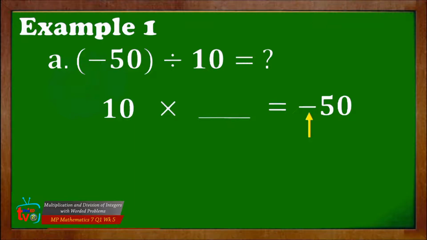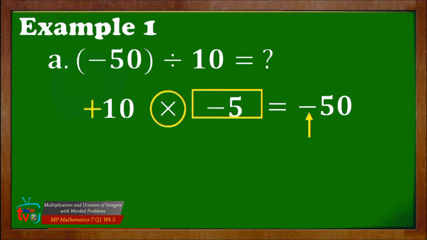Bear in mind that if there is no indicated sign, it is understood that it is positive, meaning 10 here is positive. So, the number to be multiplied to 10 to get a product of negative 50 is negative 5.